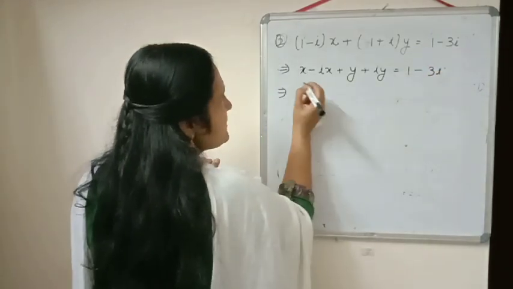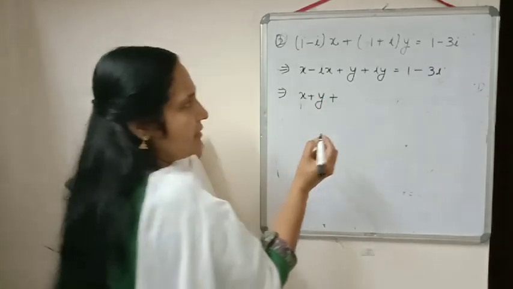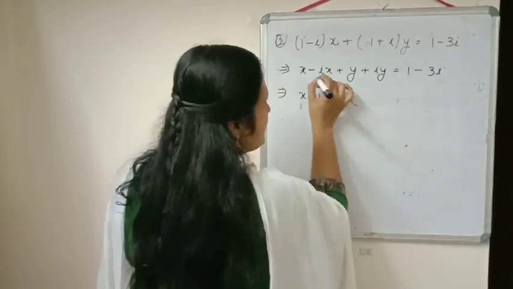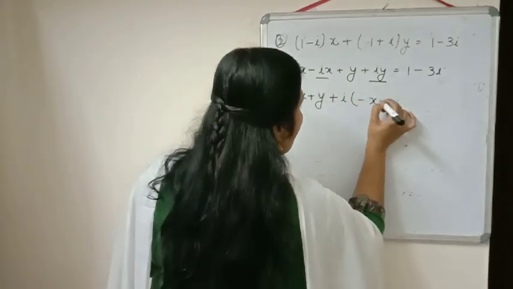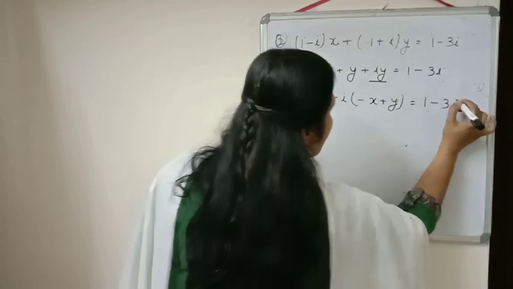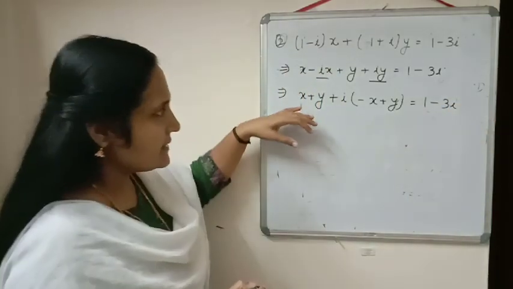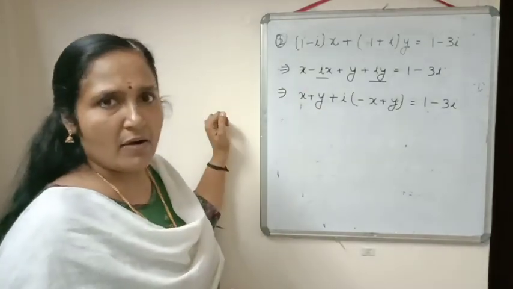So our real part is x plus y, and for the imaginary part I am taking i common from these two terms. So in the bracket it will be equal to minus x plus y is equal to 1 minus 3i. Now the left hand side is in the standard form of a complex number.